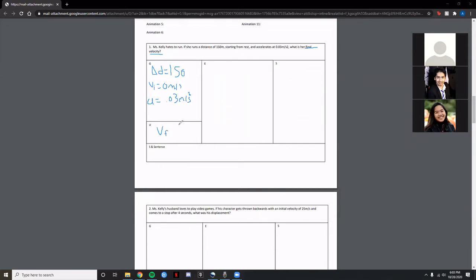I memorized the equation. So one of the things we can use is a equals v of f squared minus v of i squared over 2 delta d. You can use that one. Miss Kelly's way, she would have you isolate the variable, so we're going to isolate it her way. So we want v of f.